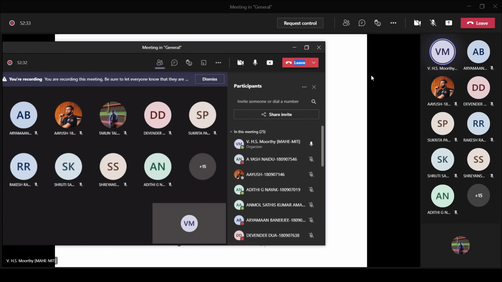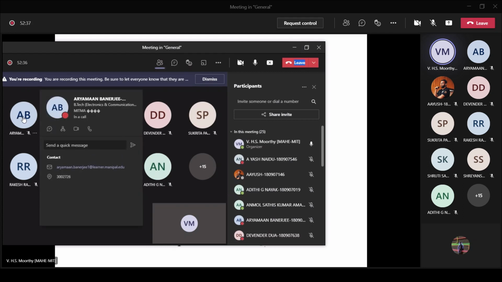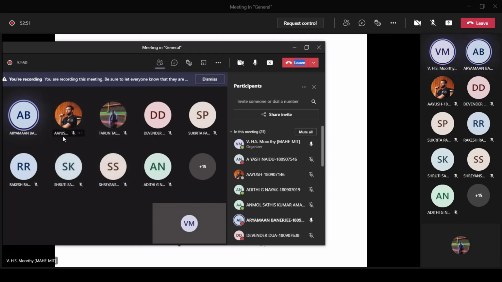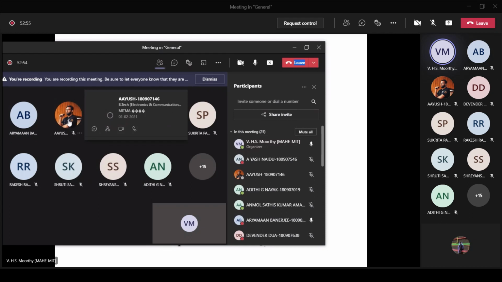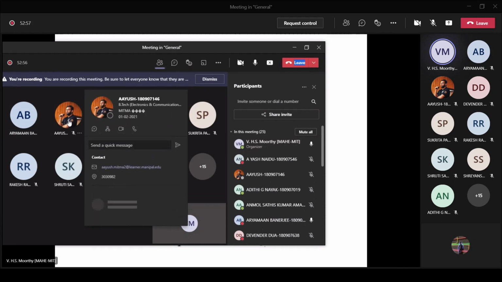Okay, Aryaman Banerjee. Yes, sir. I request you to have your notebook with you and write these equations. Done, sir. I am requesting each and every person like this. Okay, Ayush.